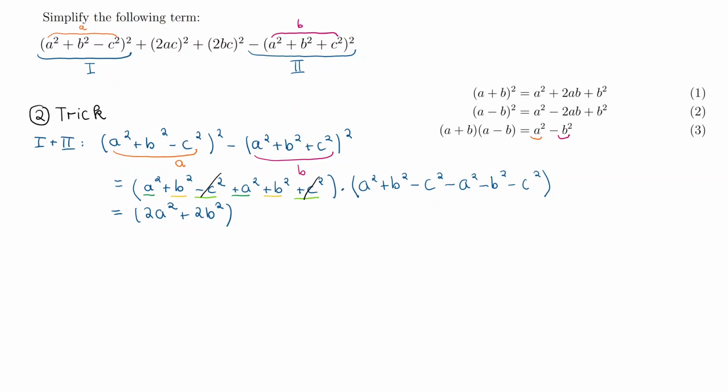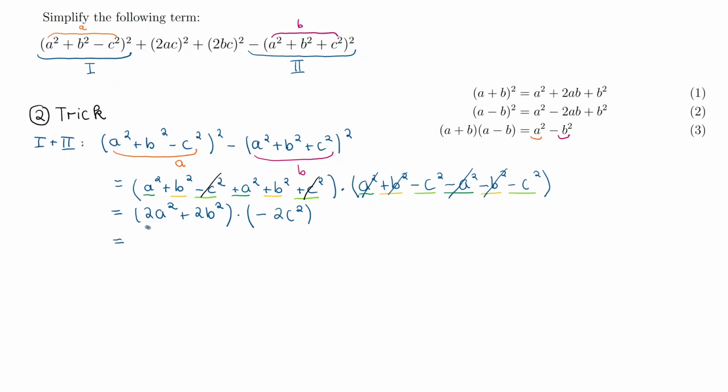So this remains in the first bracket. Then we multiply it with, what do we have? In the second we have A square minus A square, which of course is 0. Then we have B square minus B square, which also is just 0. And then we have minus C square, which is times minus 2 times C square.